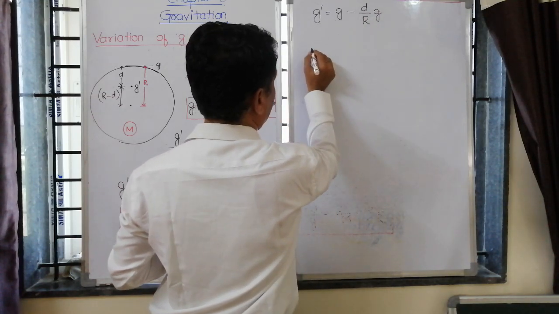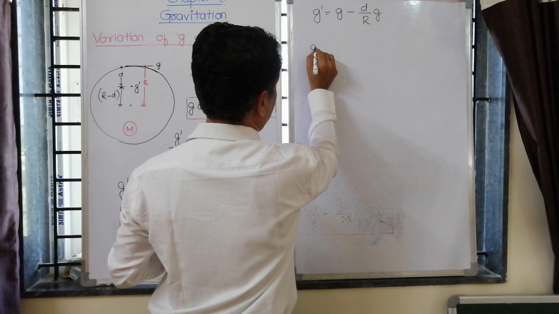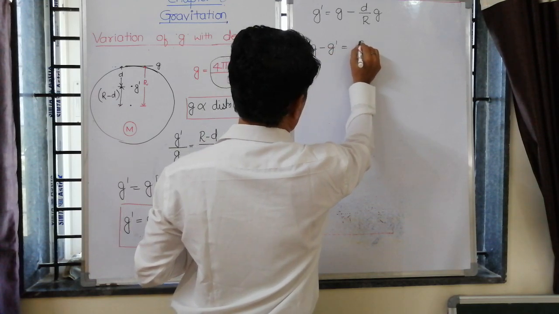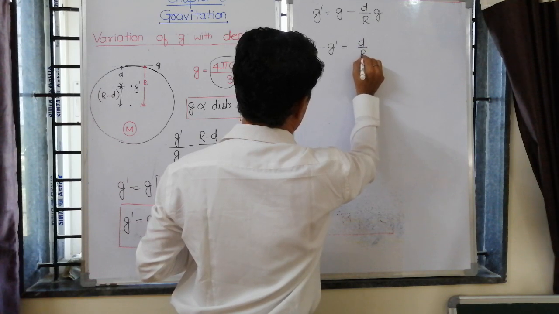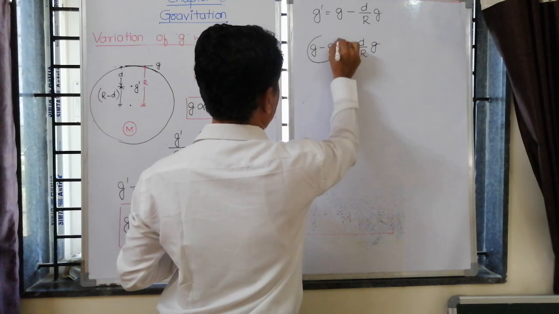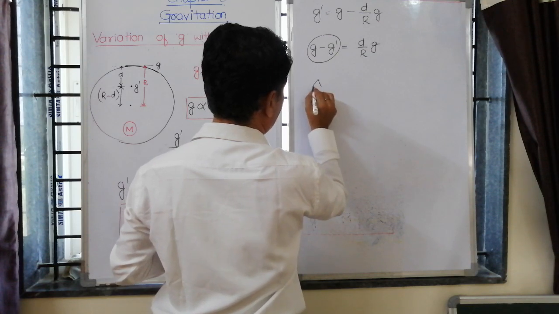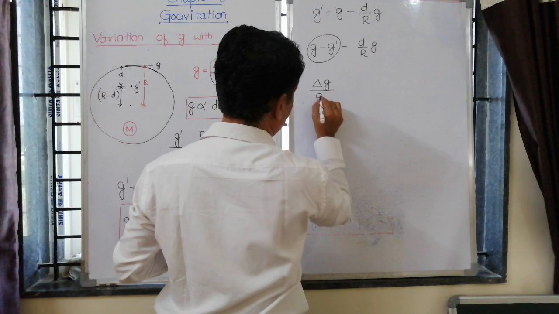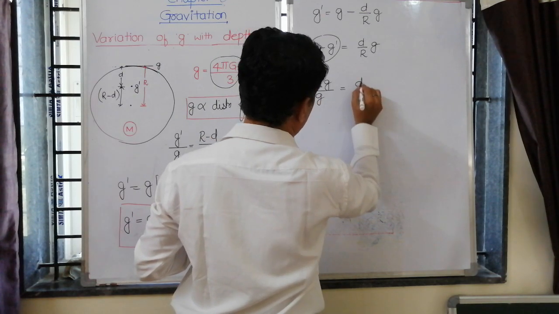Modifying, you will get g minus g dash is equal to d by r into g. This is nothing but the change in g. If you bring g down, it will be change in g by g is equal to d by r.